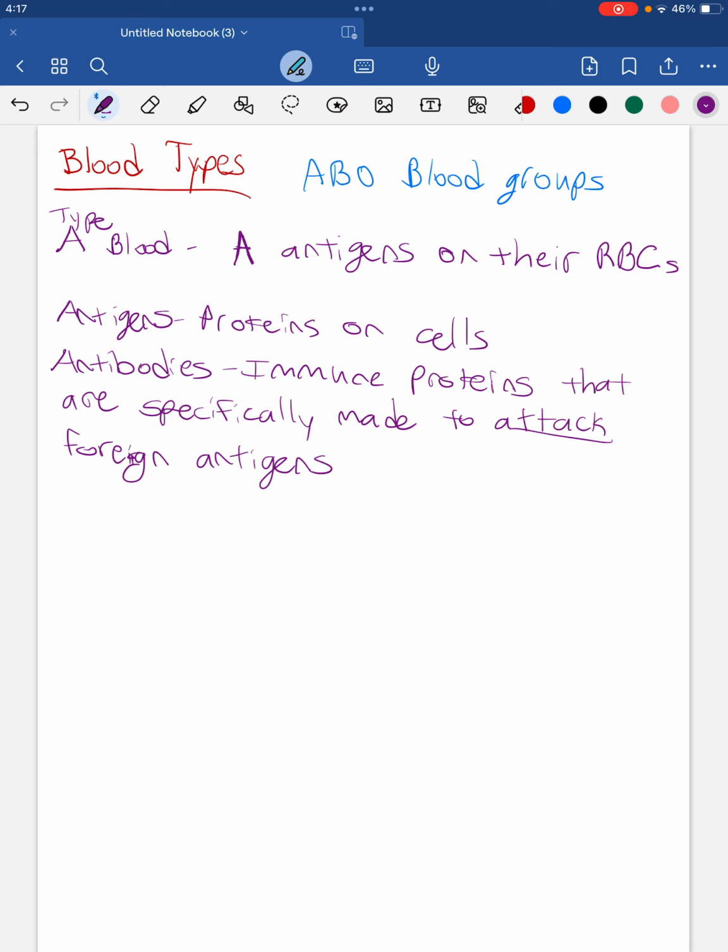Okay, so back to our blood typing. Type A blood has A antigens on their red blood cells. If you have type B blood, you have B antigens on your red blood cells.